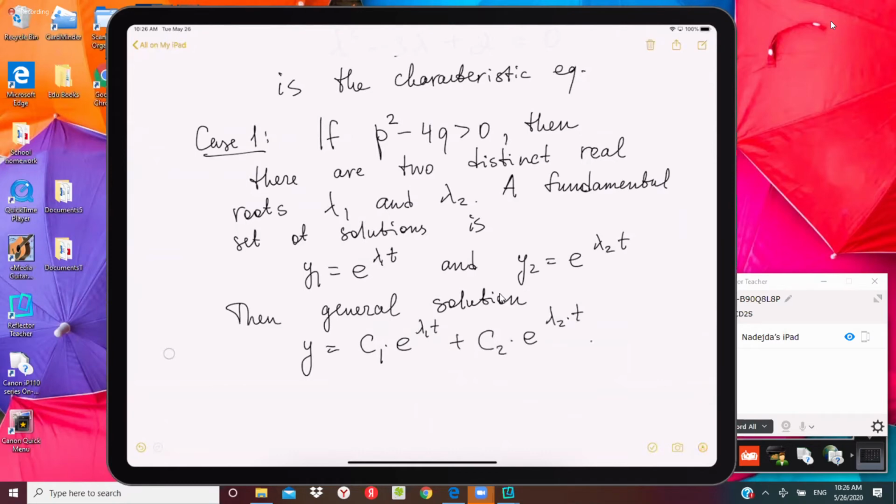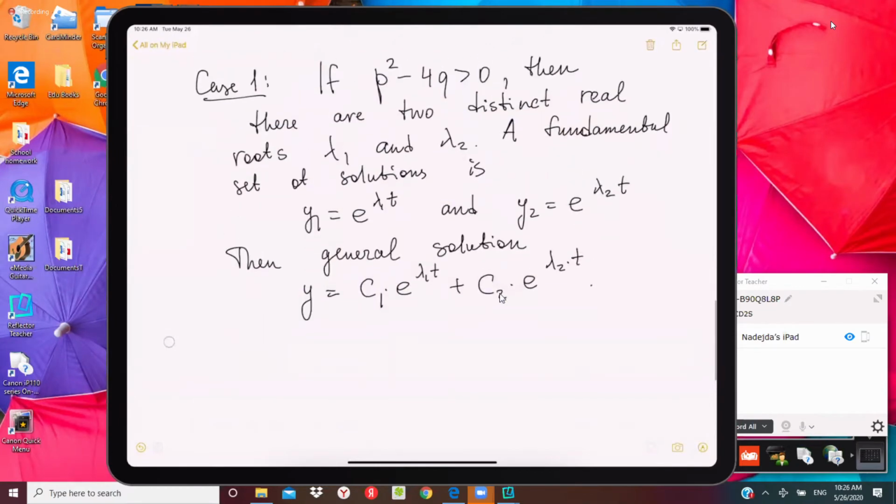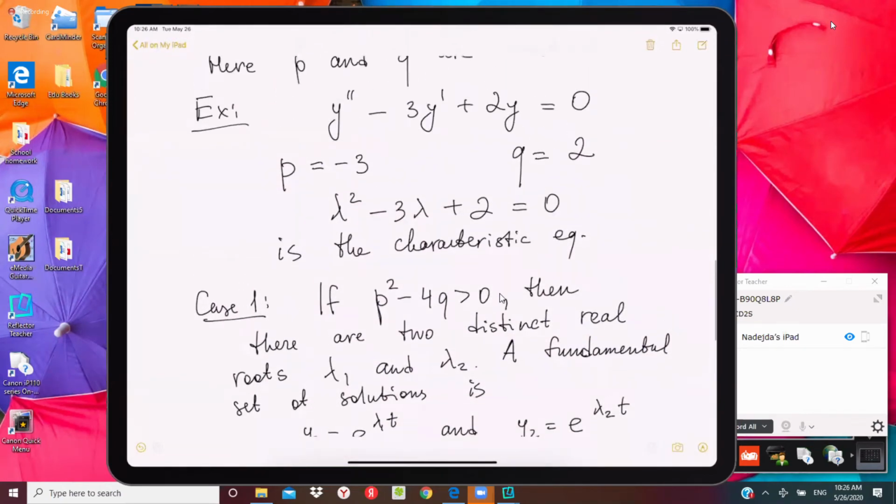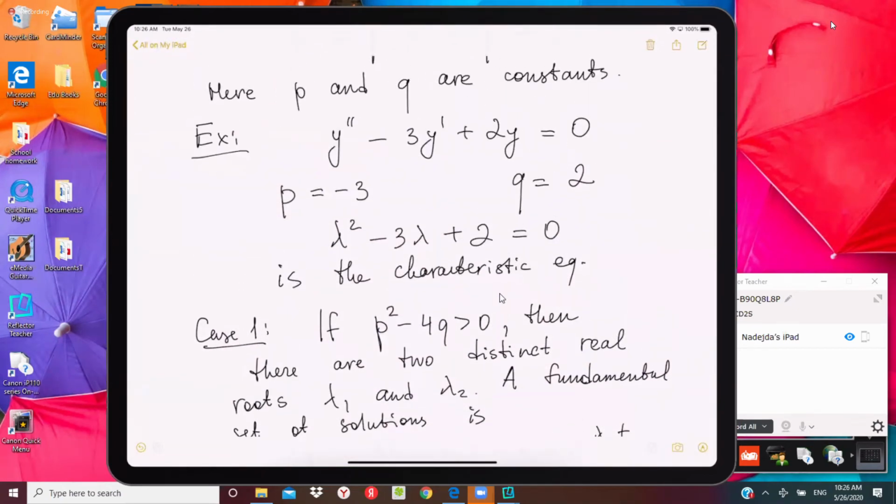Let us practice with this. I'm going to return back to that equation. I believe this is case 1. Let me double check. Yes, this is case number 1.